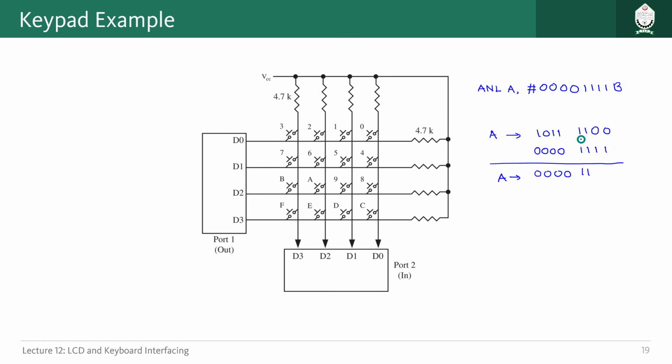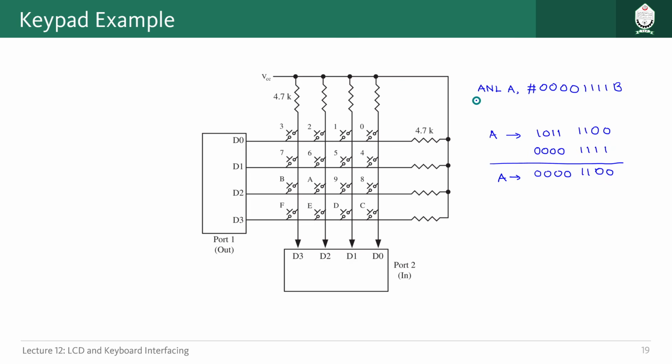But here, whatever value we have will just pass through, so we are going to get that value. So we are kind of like masking here. Because only the least significant 4 bits are connected for both of the ports, that means the most significant 4 bits are not needed. That's why we can just omit those.